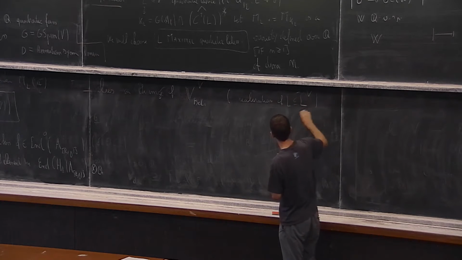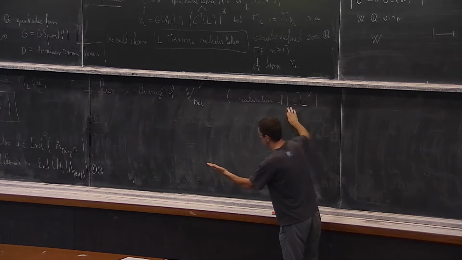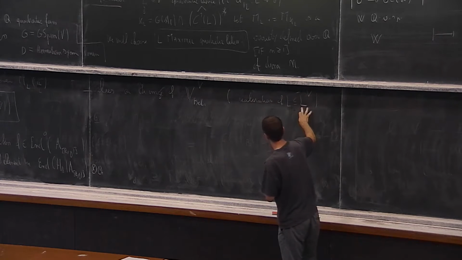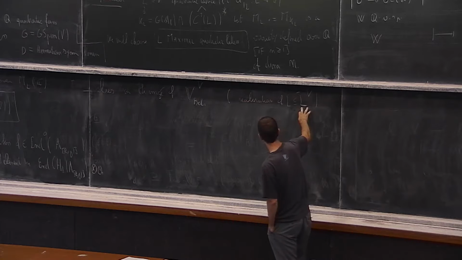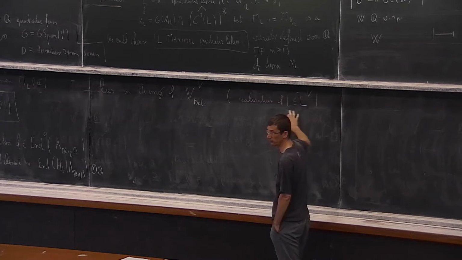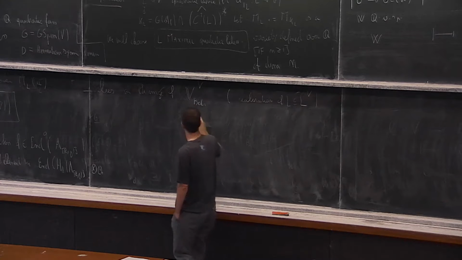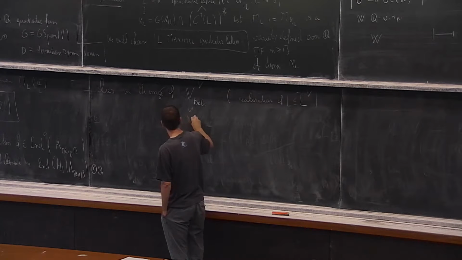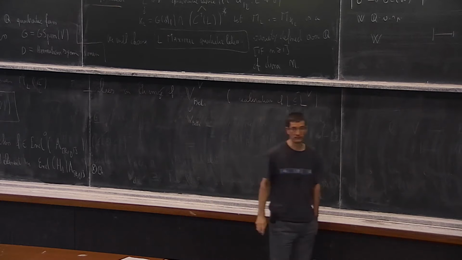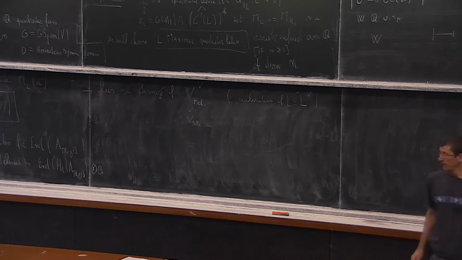So the lattice L defines an integral structure on V Betti Q. You have another integral structure given by the dual lattice. This embedding is given by the bilinear form that we have on V. So it's slightly larger.